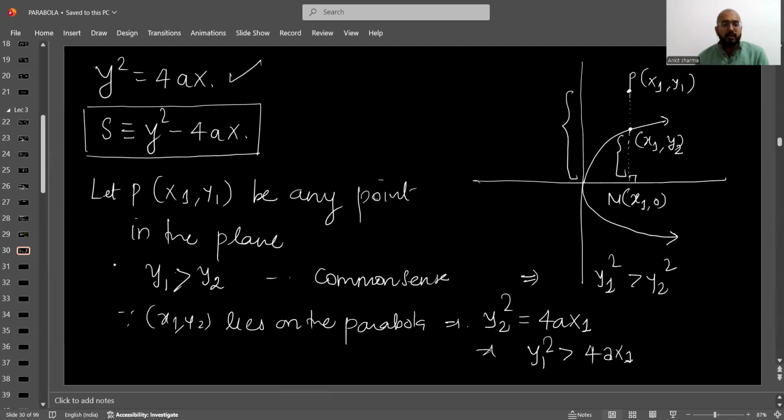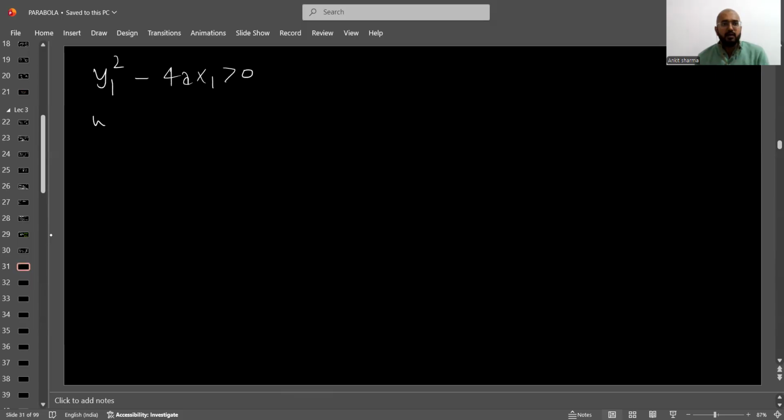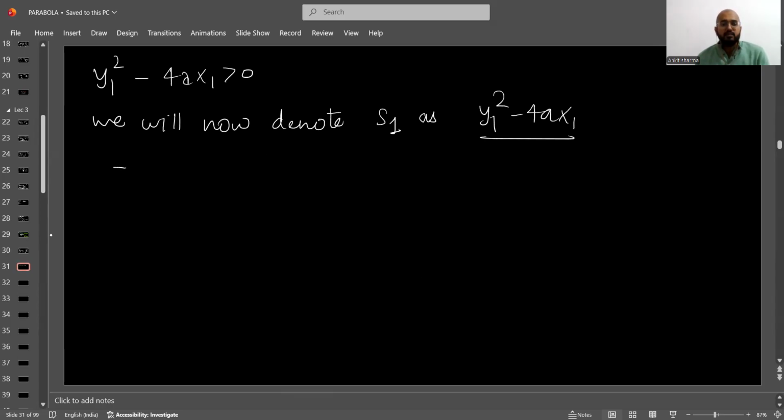That means we will now denote this as S1. S1 is nothing but y1 square minus 4ax1. So S1 turns out to be positive.